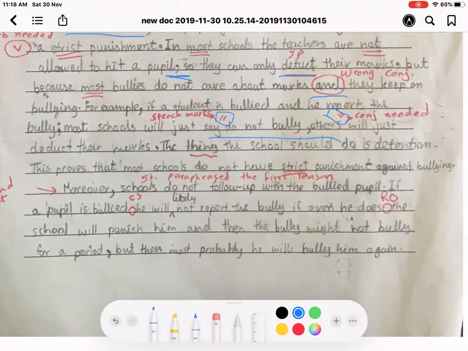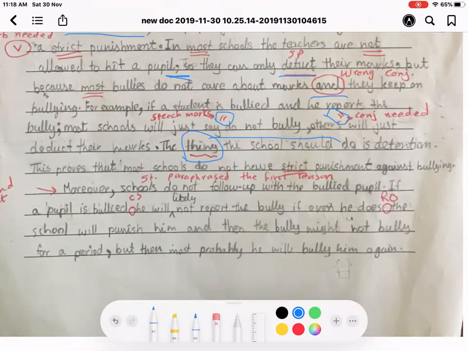"Will just deduct their marks. The thing the school should do is detention." The word "thing" is not a strong word to give you credit in a test. So he should have said "the issue" or "the main point".